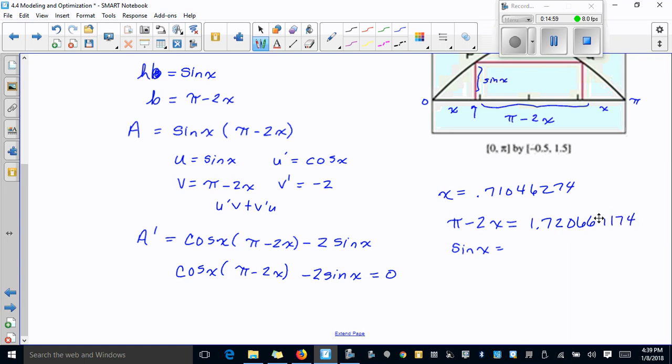And if I do sine of x, I get 0.6521846256. And these are my dimensions. There's my dimensions.